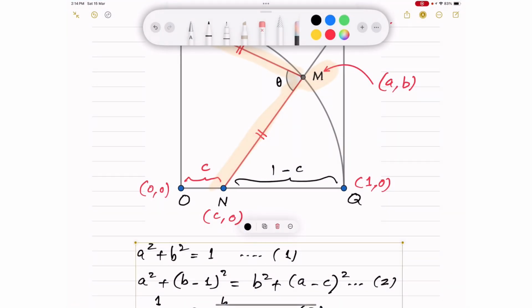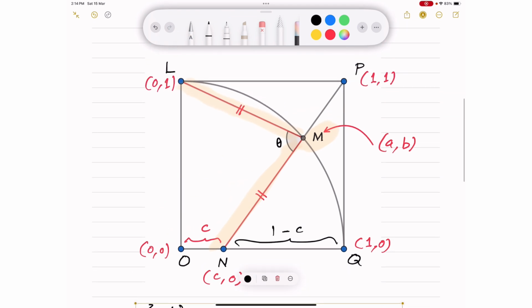Now to solve for theta, what I will do here, I will benefit from the dot product. Okay, so I'll let ML be the vector A. So let me write that in blue. So this is A. I'll assume that this is the vector A. So A is ML and MN is B. Okay.